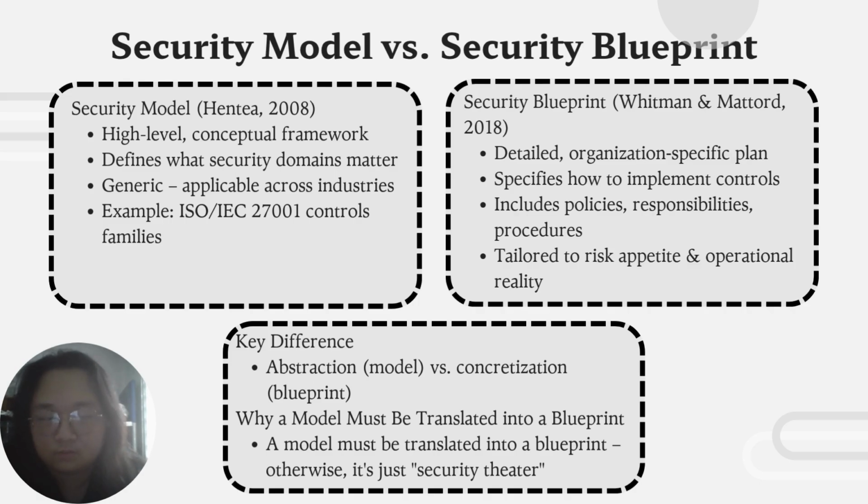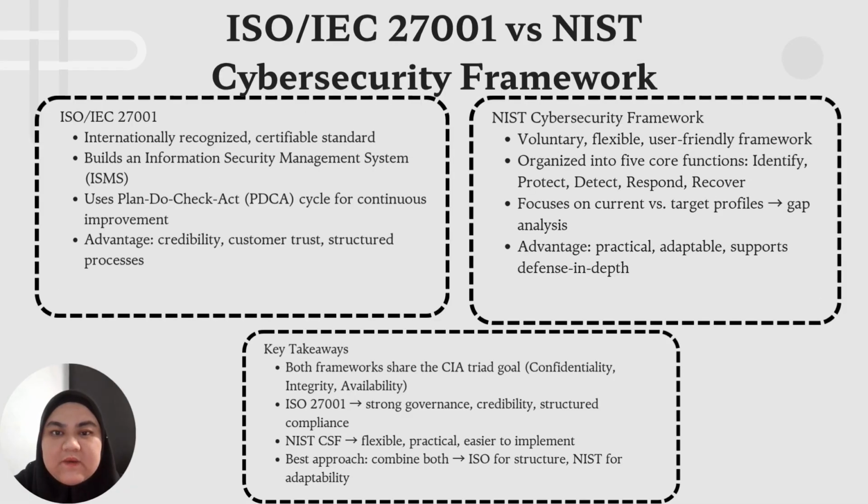Thank you. So in this slide, I will be talking about these two frameworks. ISO is an internationally recognized and certifiable standard. It helps organizations build a formal information security management system, or ISMS, and uses the plan, do, check, act cycle to ensure continuous improvement.